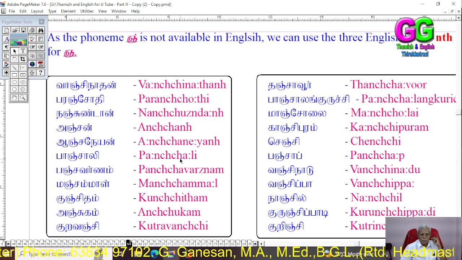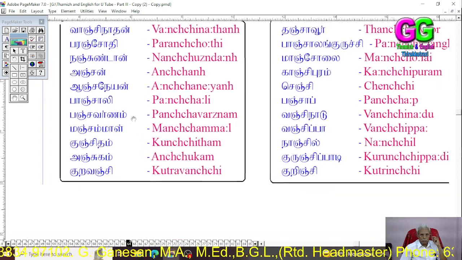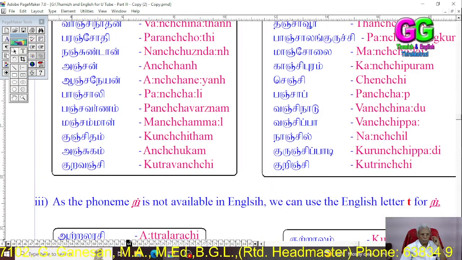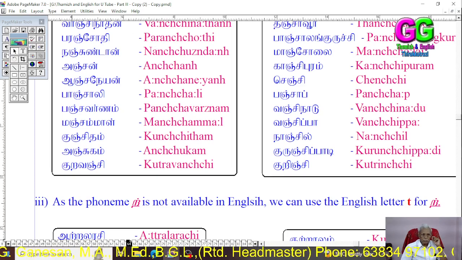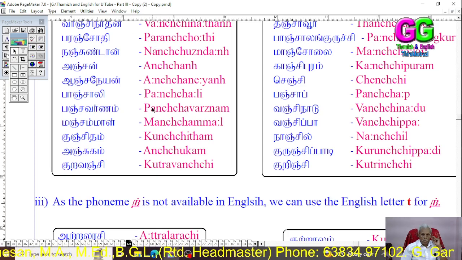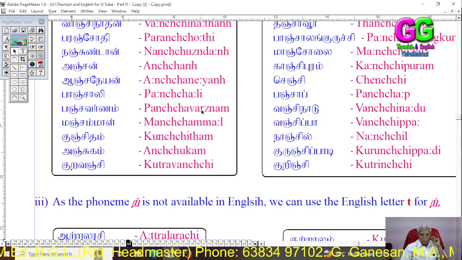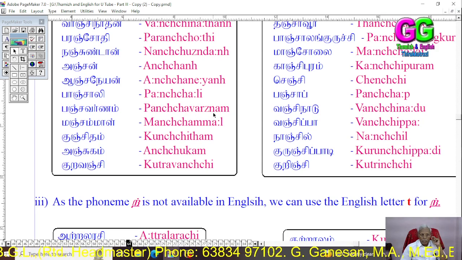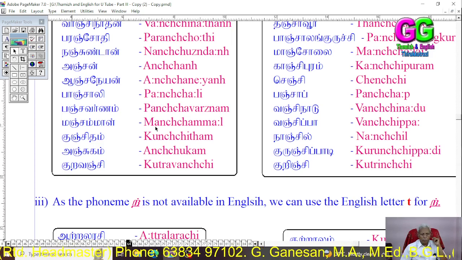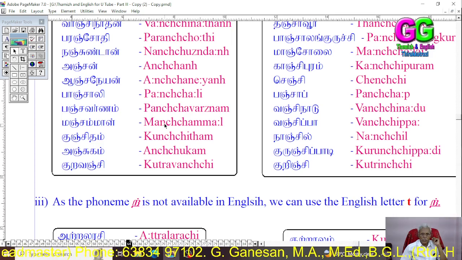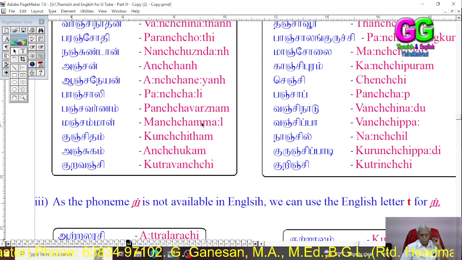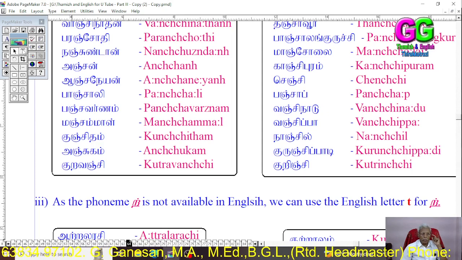Pa, in, cha, li, Panjali. Pa, in, cha, va, ir, na, im, Panchavarnam. Ma, in, cha, im, ma, il, Manjammal.